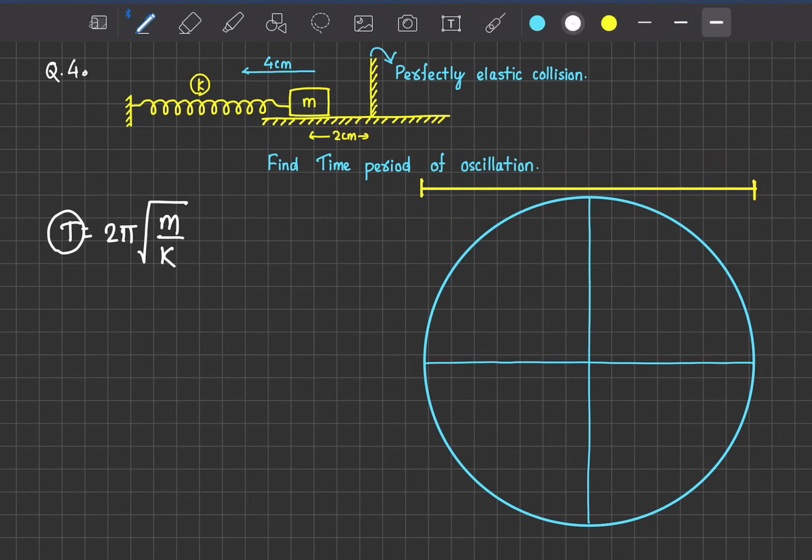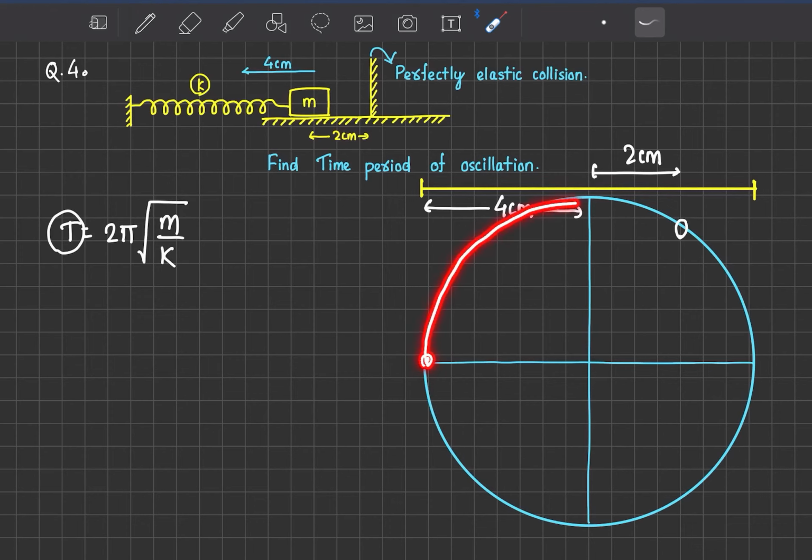So here we can see we are missing these dotted portions. If we check the corresponding movement of point P on the circle, the particle from the extreme end can move up to this point, right? Let's say this distance is our 2 centimeter and this distance is 4 centimeter. So if we release it here, the particle goes to this point, then again comes from this point.